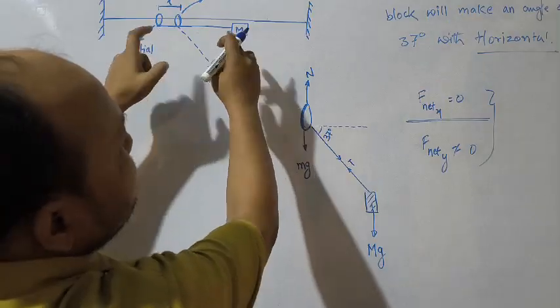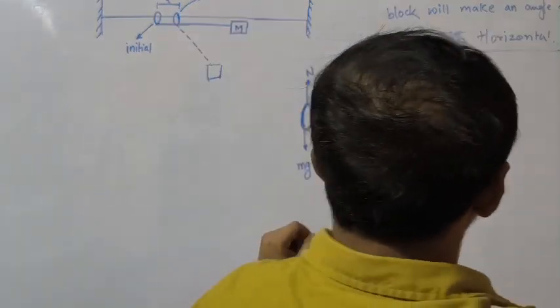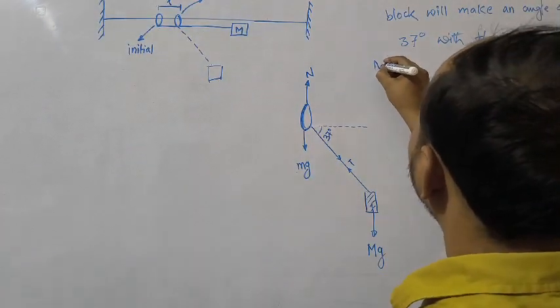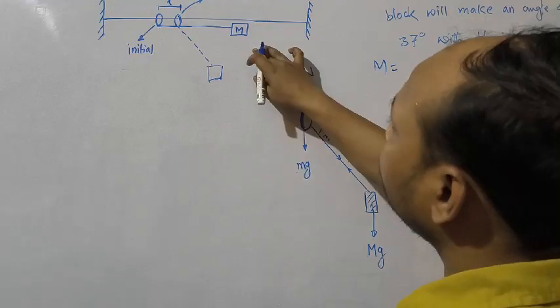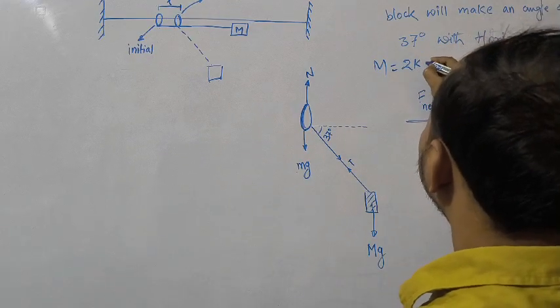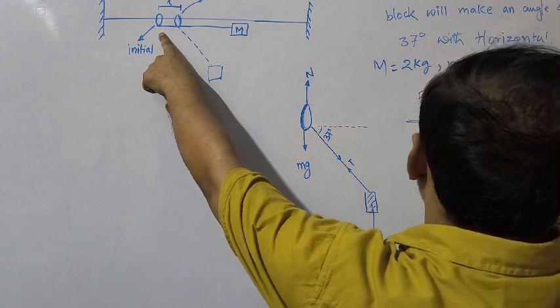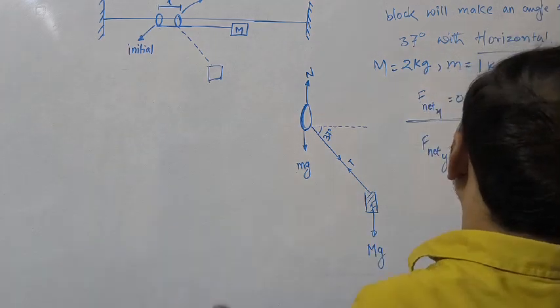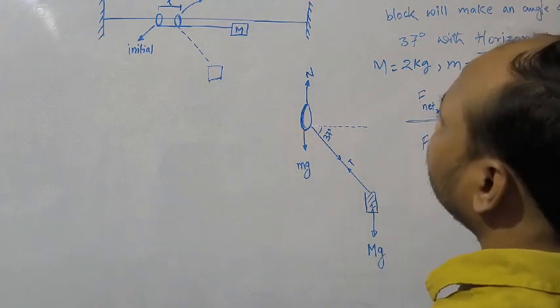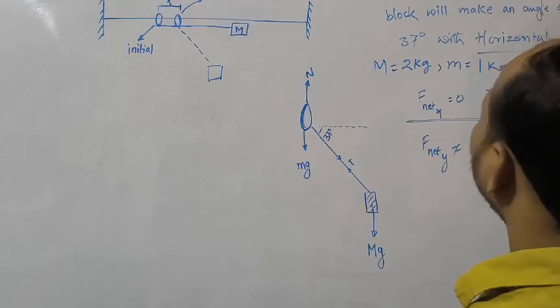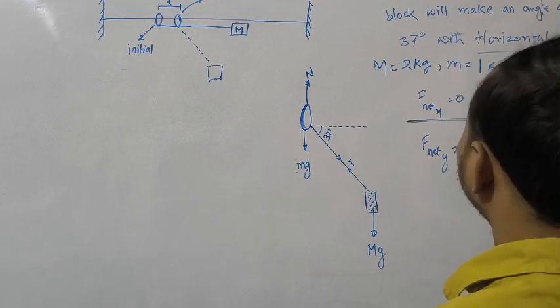See, total distance is given, I think not given in data. We are assuming capital M is equal to 2 kg, small m, the mass of the bead, is equal to 1 kg, and length, let us assume 2 meter.